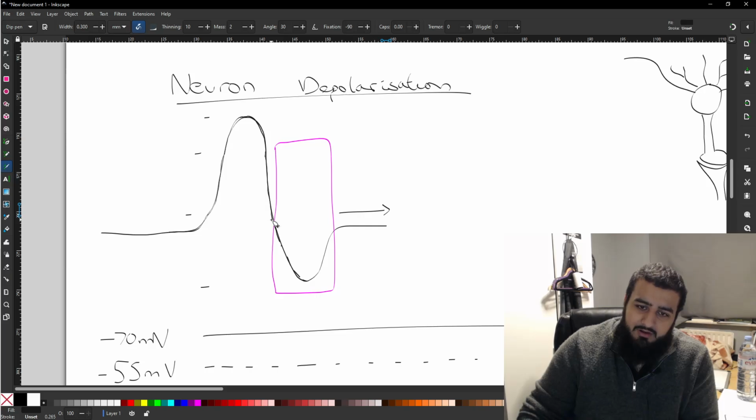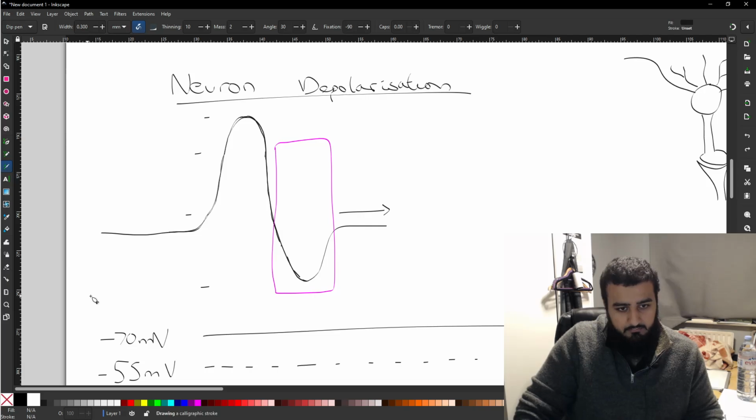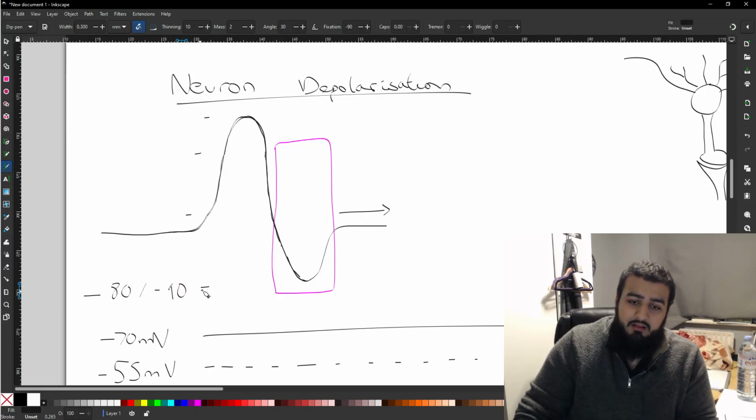But then we have the relative refractory period, in which if you experience a really strong stimulus that overcomes the difference at minus 80 to minus 90 millivolts, then it will offer another action potential for sure.